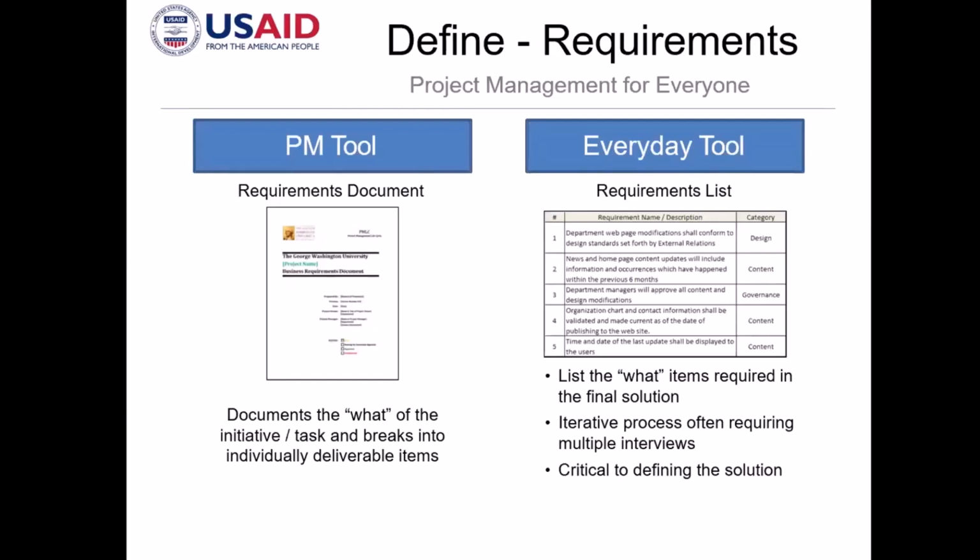So if you miss a requirement, chances are you will also miss the scope of the project. So a good practice is to list down all of the requirements of your project and have a requirements document that will be an appendix of the project charter.